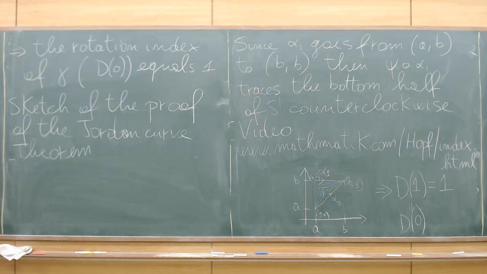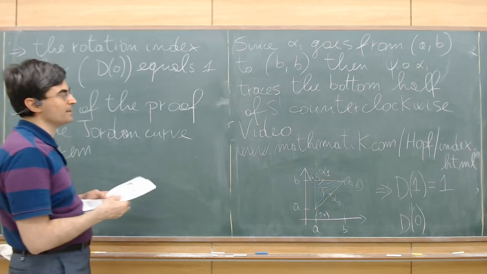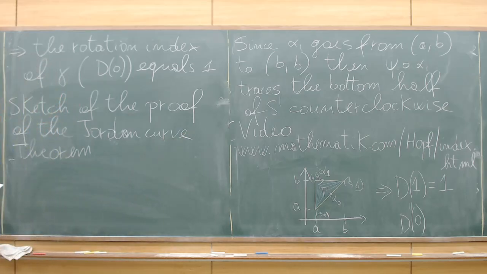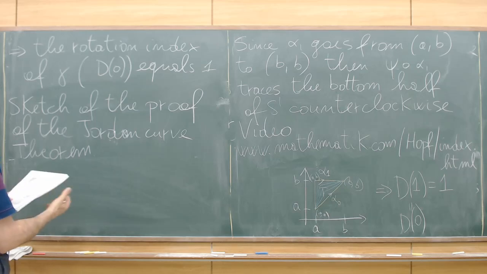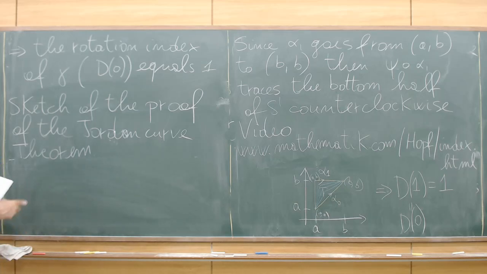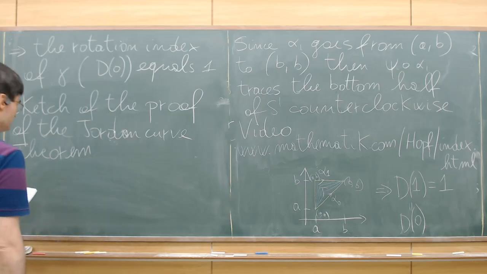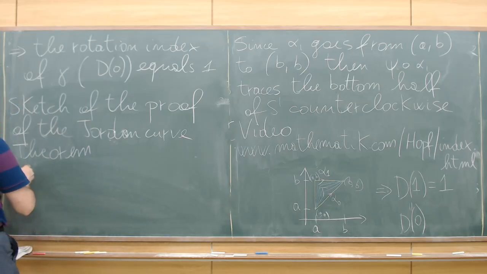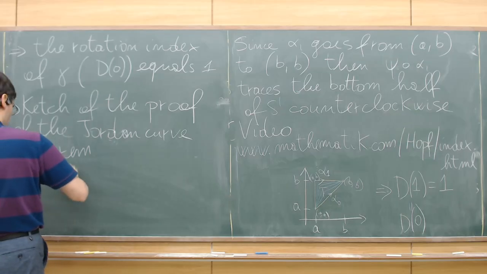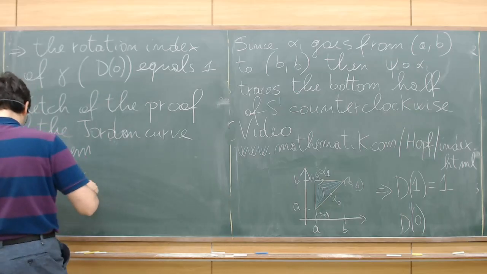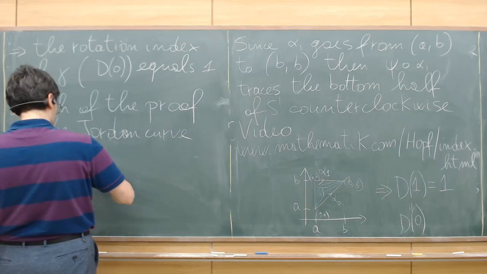The proof of this theorem is a bit more complicated than the proof of the Hopf Umlaufsatz, but let's try anyway to give a sketch. So in order to prove this theorem, I need the notion of tubular neighborhood.